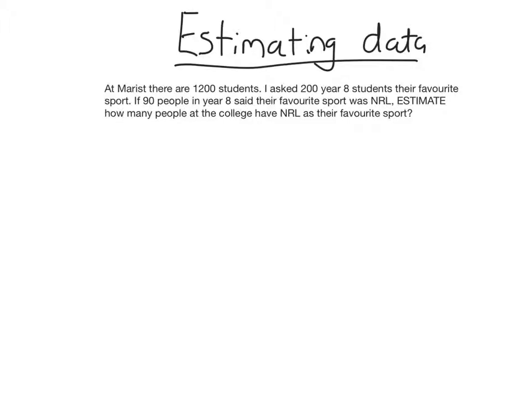I can use that to estimate how many people out of the whole population support a sport. So I know that 90 out of 200 people in Year 8 said NRL was their favourite sport. So I can write this as a proportion or a fraction. So 9 out of every 20 people in Year 8 said NRL was their favourite sport.